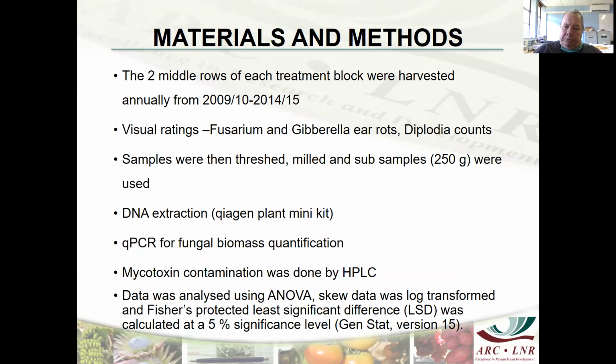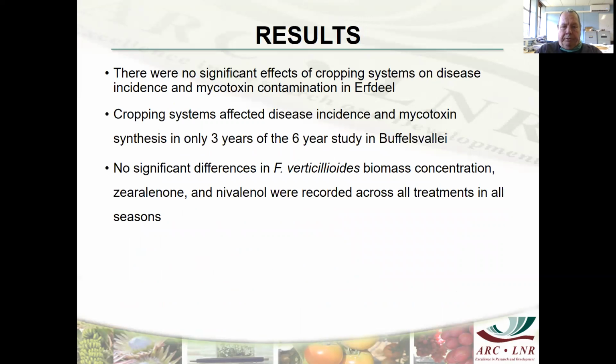Mycotoxin contamination was done using HPLC, and data was analyzed using ANOVA. Skew data was log transformed, and Fisher's protected least significant difference was calculated at a 5% significance level.